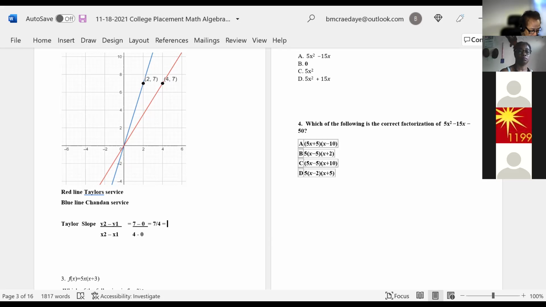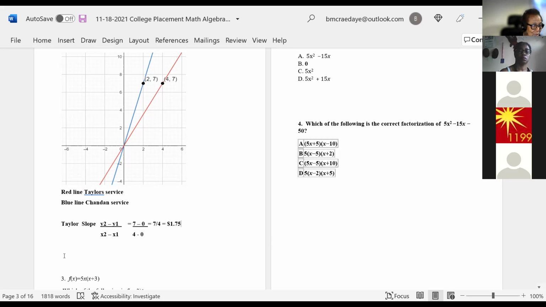We're looking at cabs here. So 7 divided by 4 is really $1.75. Okay, now that's the Taylor service.